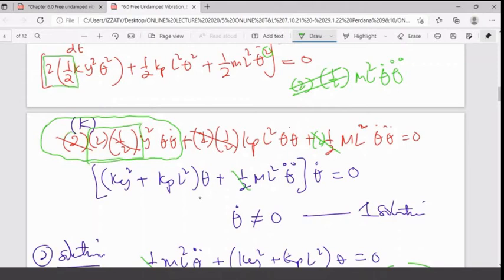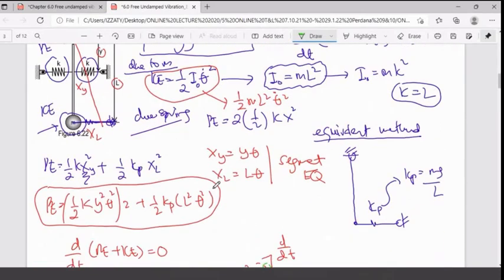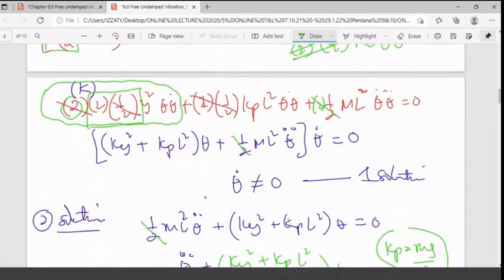This 2 is coming from the power. Yes, you have the 2 times half. This is ky just now, correct? Then multiply when you differentiate, because when you differentiate, we have this one.